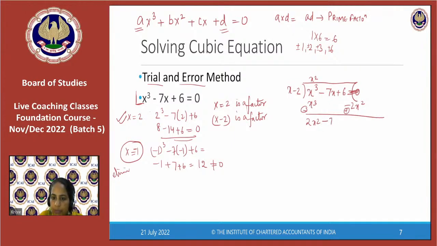Now these terms will be carried forward: minus 7x plus 6. Now I want 2x square, so x to be multiplied with plus 2 to get 2x square. Minus 2 into plus 2x gives me minus 4x. Again, subtract.